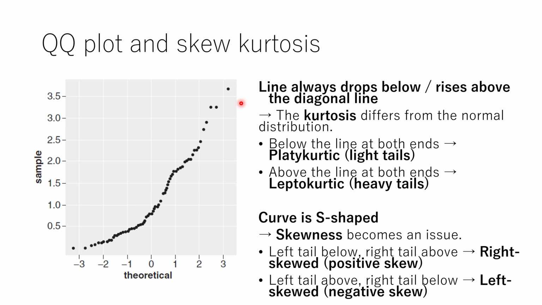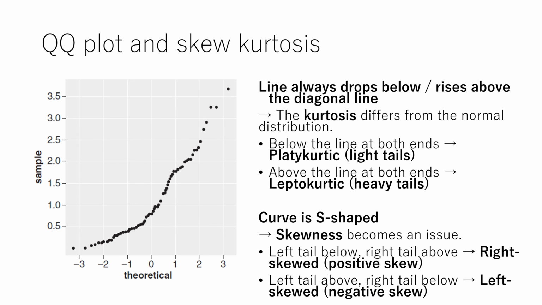If the line is S-shaped, the data are skewed. Left tail below and right tail above means right skewed. Left tail above and right tail below means left skewed. Recognizing these shapes helps you quickly diagnose the type of non-normality.